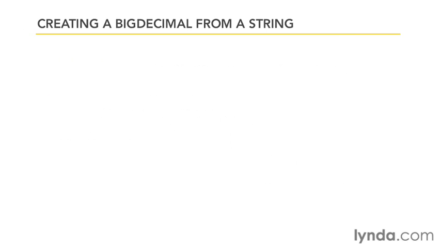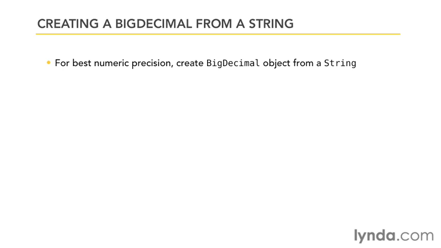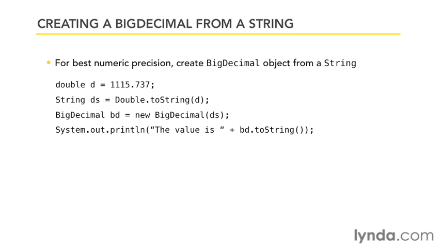So when you're working with currency values, it's strongly recommended that you construct your BigDecimals based on strings. This guarantees that you're talking about exactly the value you think you're talking about. Let's say, for example, that you start off with a double value, once again, of 1115.37. Before you create your instance of BigDecimal, you should first get a string representation of the number.